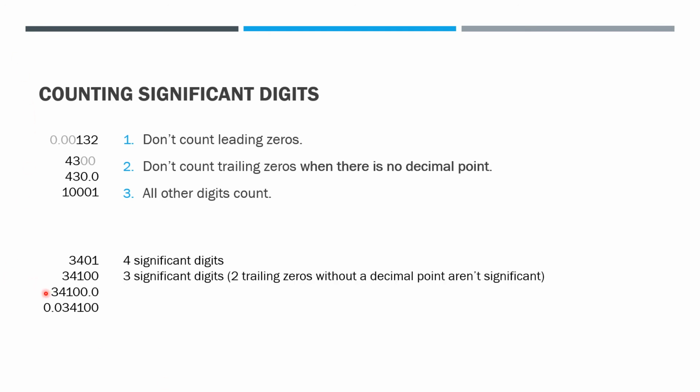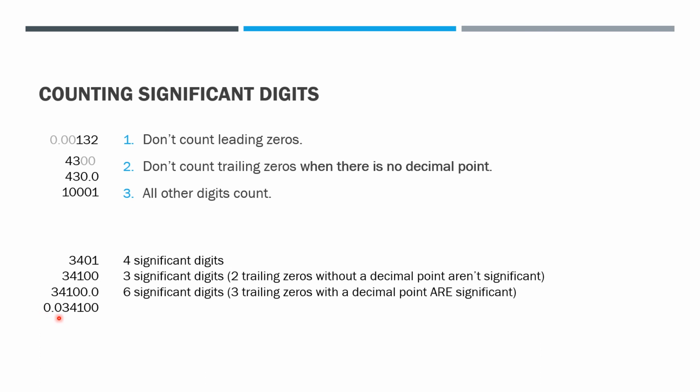How about this one? No leading zeros. I see some trailing zeros, and I also see a decimal point. So that means that all those trailing zeros, all of them, are going to be significant. So there's 1, 2, 3, 4, 5, 6 significant digits in this one. Okay, one last one. How about this one?